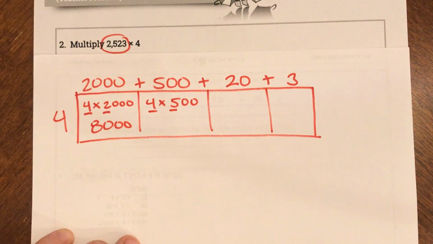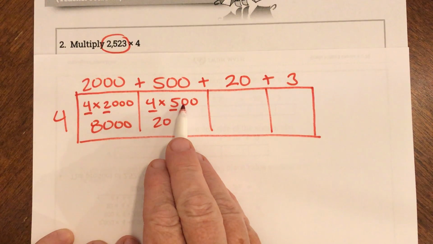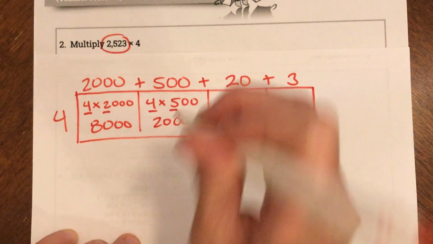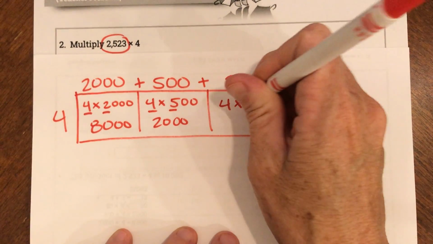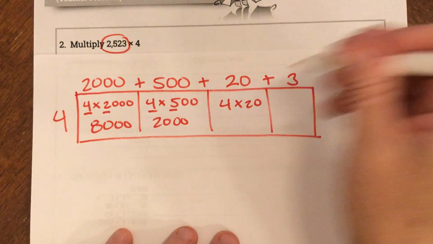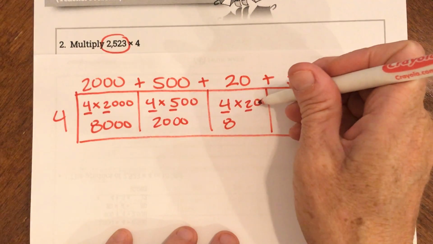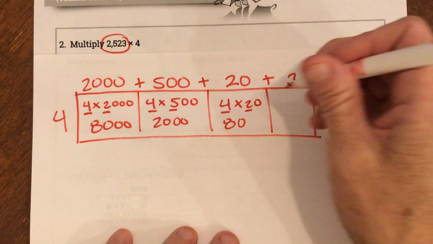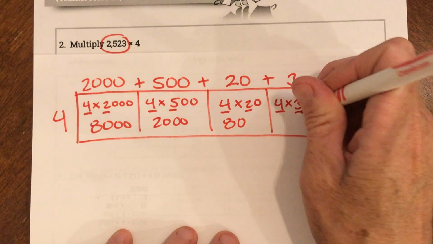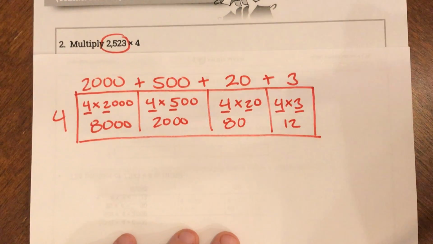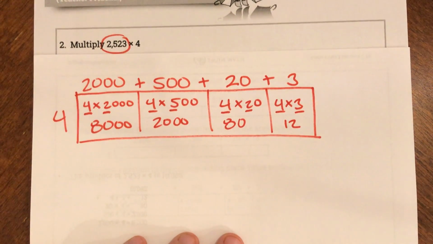So what do we get? 4 times 5 is 20, and then how many extra zeros should I add? 1, 2. Okay, what do we have in this box? 4 times 20. So 4 times 2 is 8, and how many extra zeros should I add? 1. What do we have here? 4 times 3. So 4 times 3 is 12, and how many extra zeros? None. So that's step 4, that's our longest step.